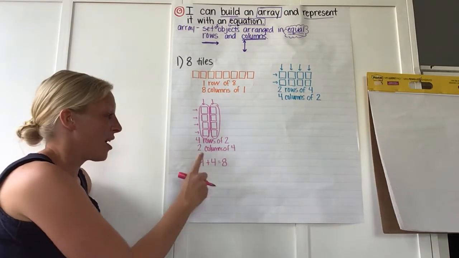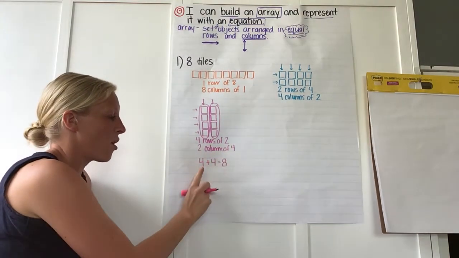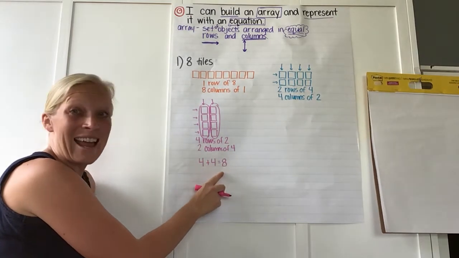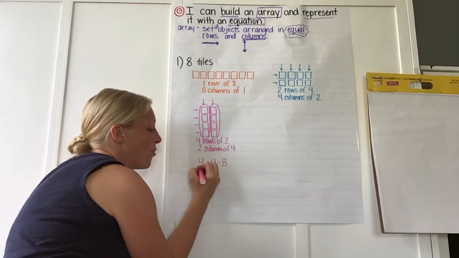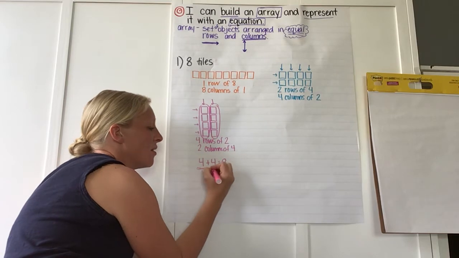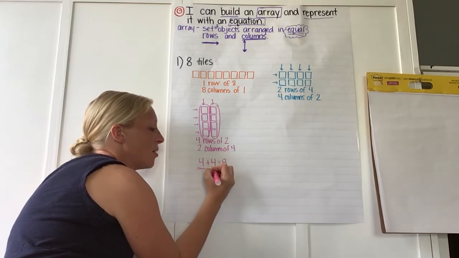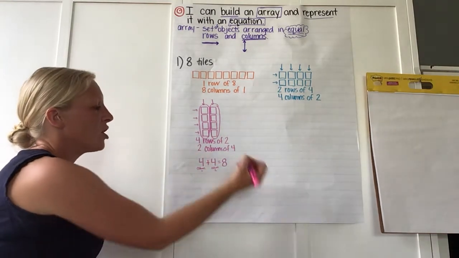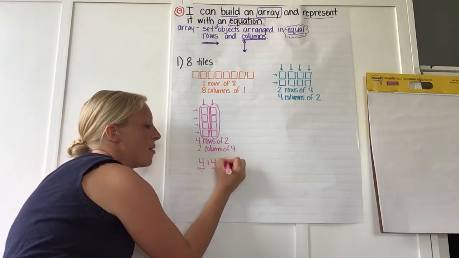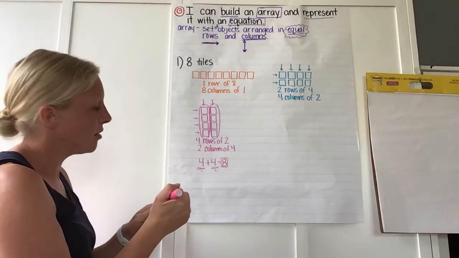Those columns, right? There's 2 columns of 4. 4 plus 4 equals 8. Here's that column 1. Here's that column 2. And then the total, or the sum, is 8.